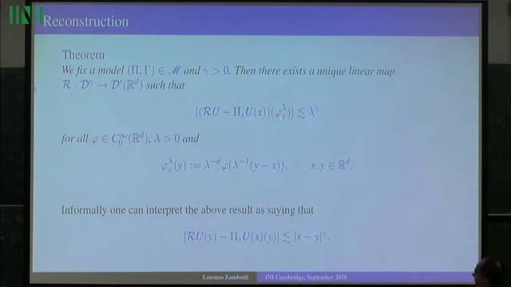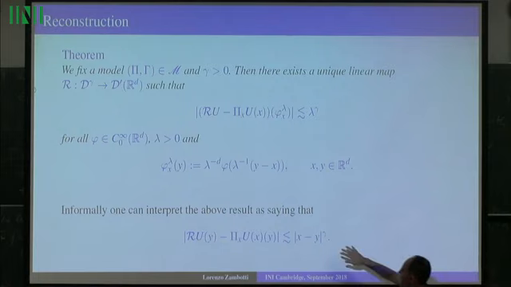More informally, it's easier to understand this: for any fixed point x, the distribution is correctly described by this quantity, with an error which is controlled by x minus y to the gamma.